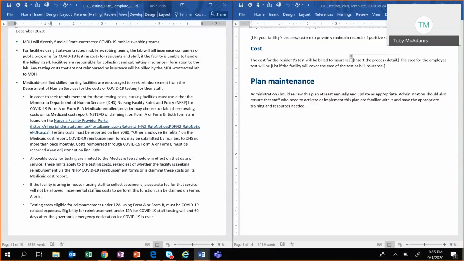In the previous webinars, we've been talking about thinking through that business lens. If I know this is long-term and I know eventually I might need to pay for some of this, because we have no magic ball, we have no idea what the future holds. So as a facility administrator, I want to ensure the utmost safety for my staff and residents. And in order to do that, testing is one of those key aspects.